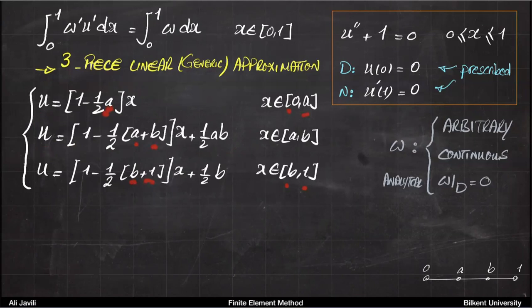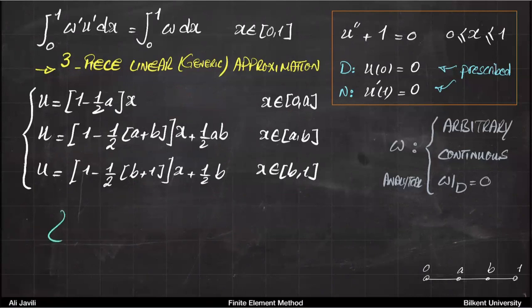Okay, so it seems that this is a generic form, and then the same holds for 1/2 of AB. So if you think this is 1/2 of A times B, now here it would be 1/2 of B times 1, and this would be plus 1/2 of 0 times A, which is 0, so we don't have it. So it turns out that you can also write this thing as one unified format, and that is very nice.